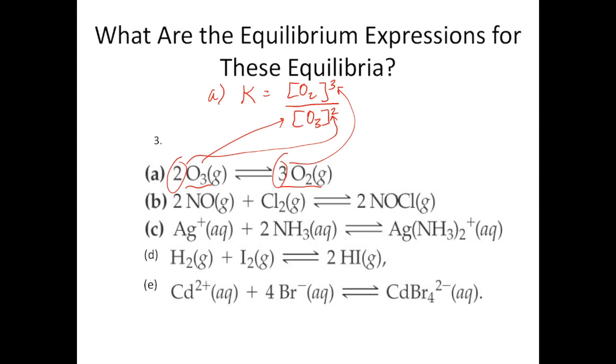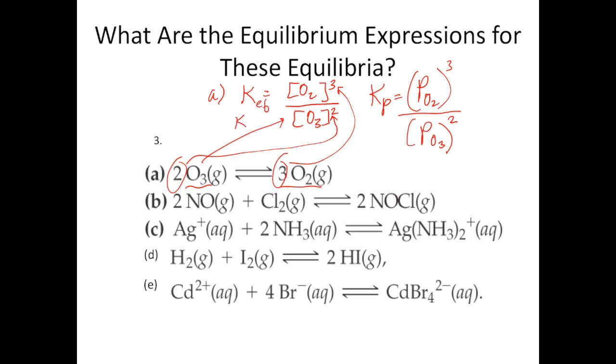That's my equilibrium expression. They're all gases, so I could also do a Kp for this one. Let me just show you. If I had asked specifically for the Kp, you would do the pressure of O2 over the pressure of O3 squared. That's for Kp.